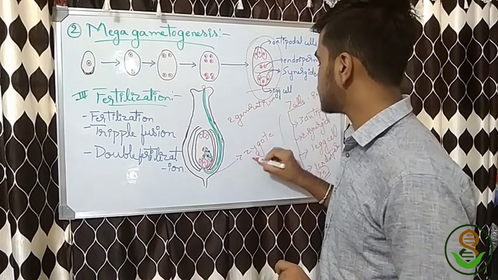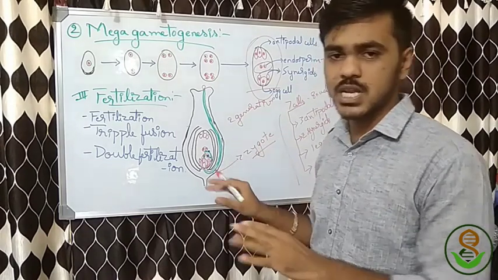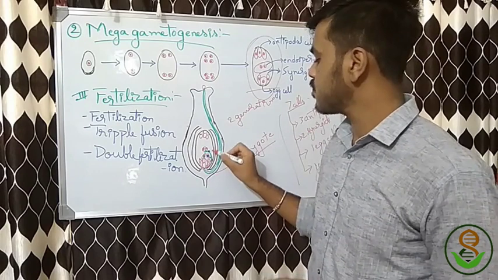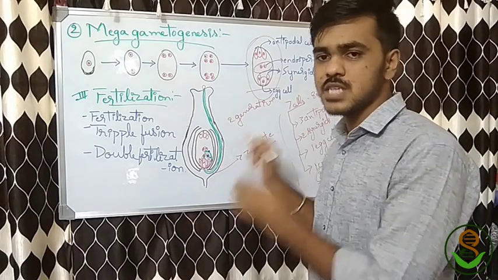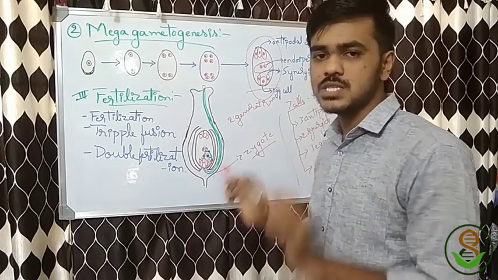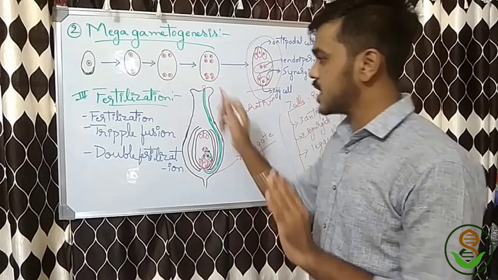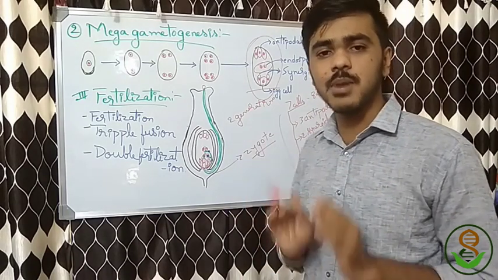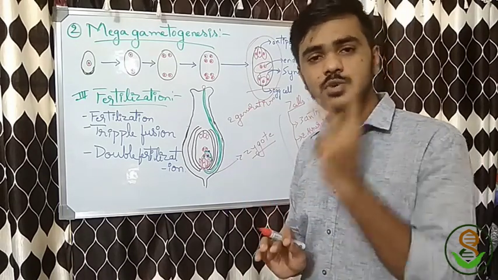Zygote formation takes place, and fertilization means the fusion of the male gamete, that is the generative cell, and the egg cell. But in plants we have a double fertilization process because there are 2 generative cells.